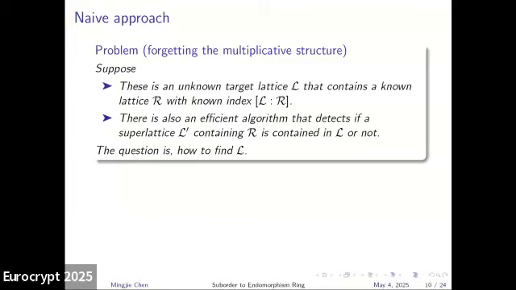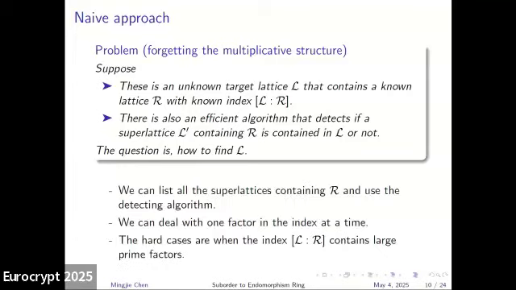So now the question is, how do we find L? A very naive way is to enumerate all superlattices containing R with this given index. And then you use the detecting algorithm to see which one is the correct one. But this set is very big. The size is exponential in log of the index, so that's not a very good way.